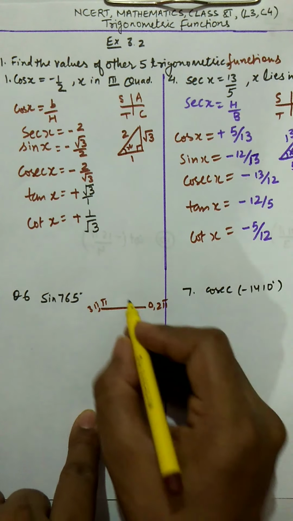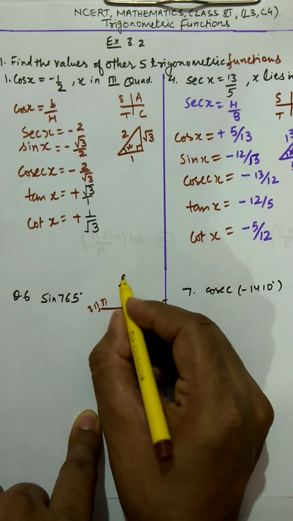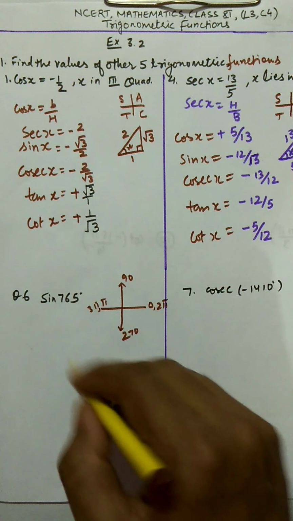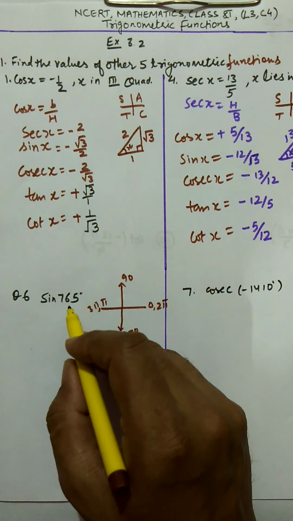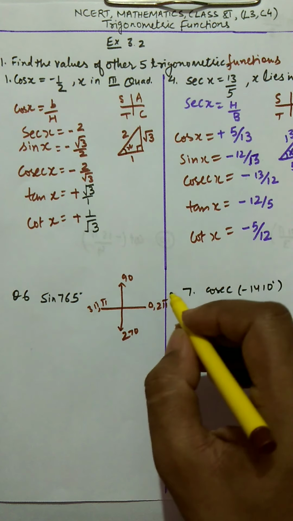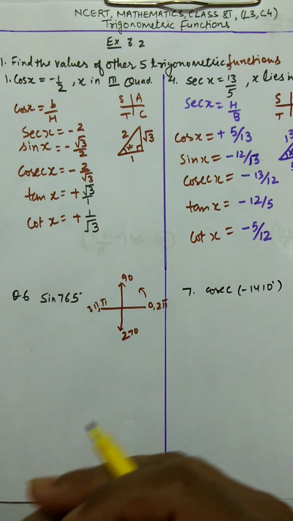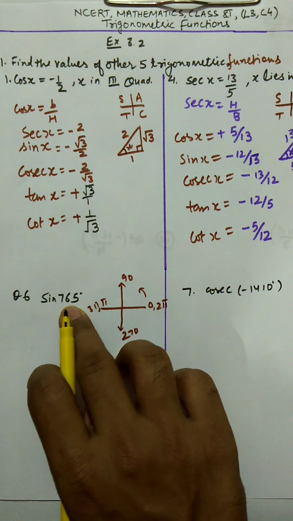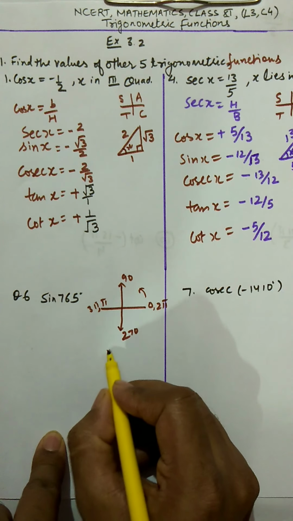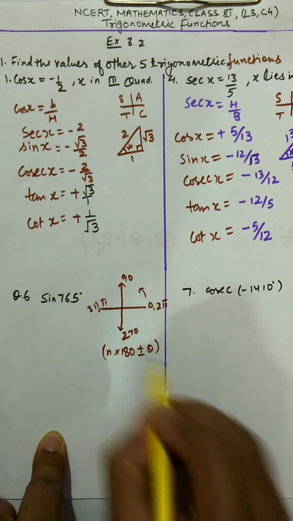This is your angle, this is 90, this is 270. This way we go in the rotation, and this angle is positive, which means we calculate it in the anti-clockwise direction. Now whatever angle is given to you, always try to write that angle in the form n into 180 plus or minus theta.